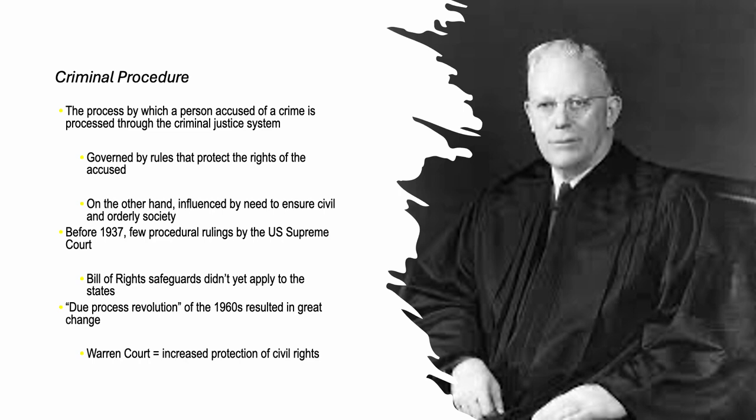The Warren Court also was responsible again for looking at due process and equal protection. It used the due process and equal protection clauses that were known in the 14th Amendment to extend the Constitution to protect individuals from unjust state actions, significant rulings that were voted on and things like that. So very, very important.